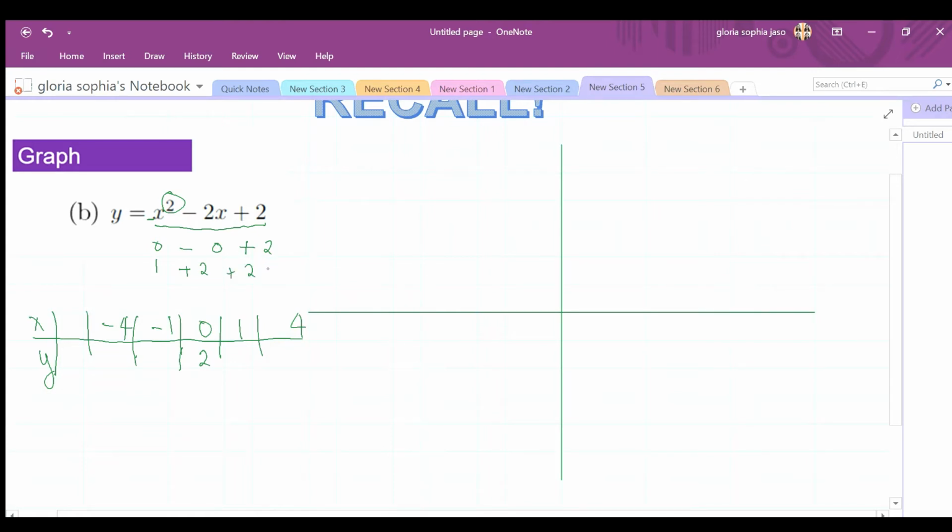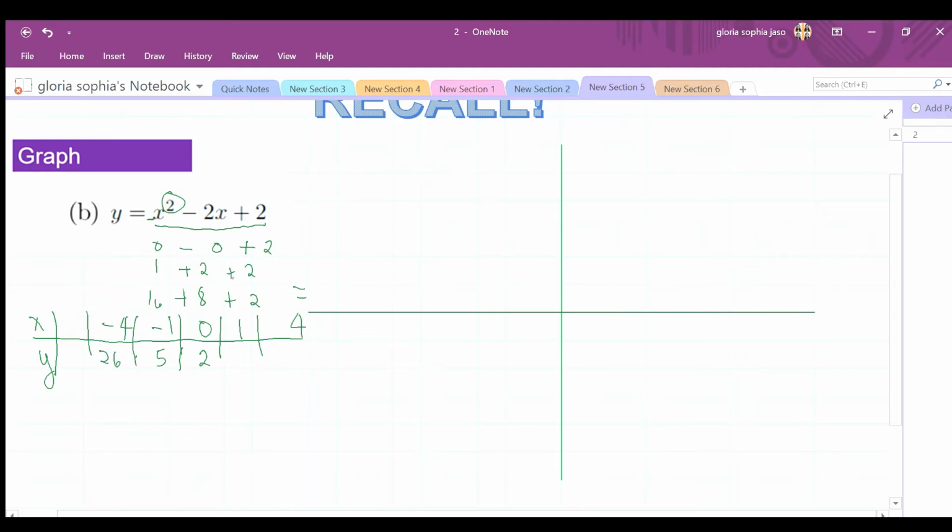Okay? So, the answer is 5. Okay? So, next, for negative 4, so negative 4 squared, that's 16, minus, so negative 4 times negative 2, so that's 8, plus 2. So, 26.